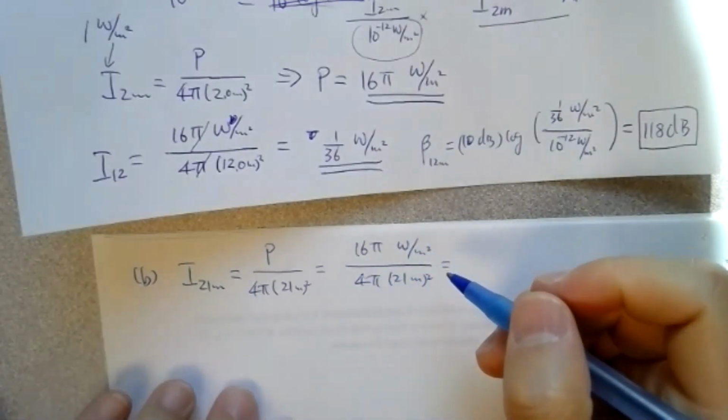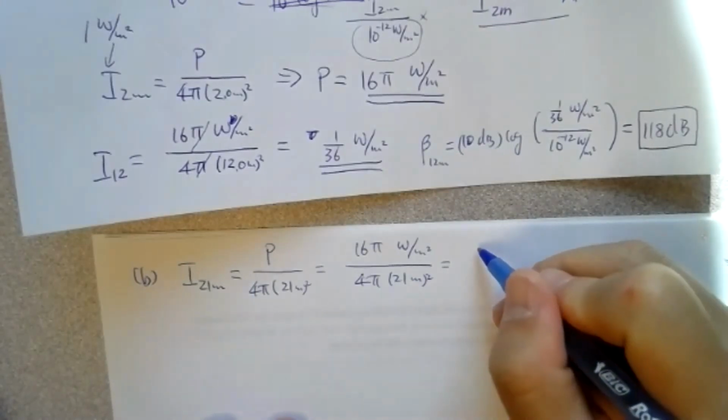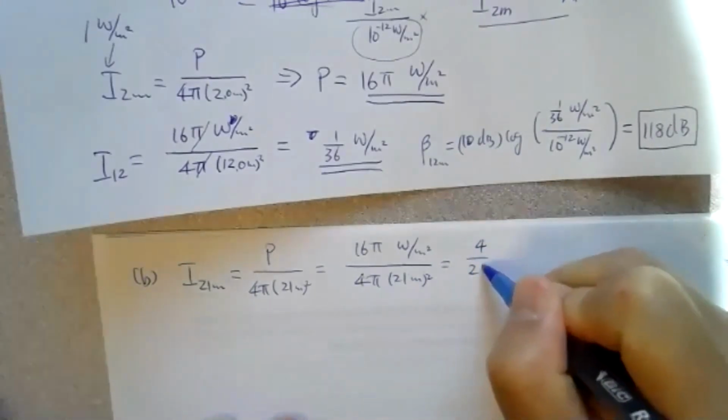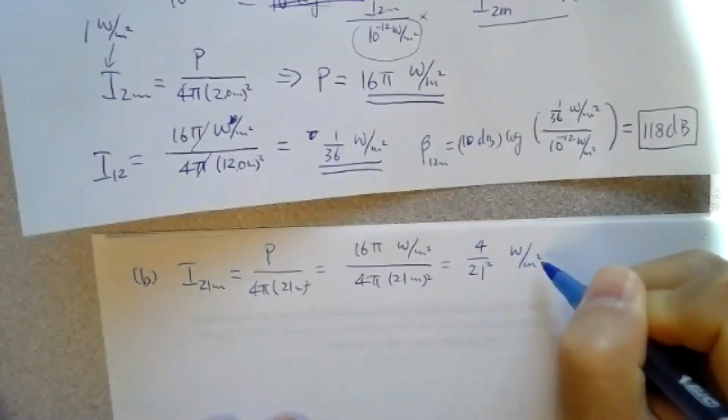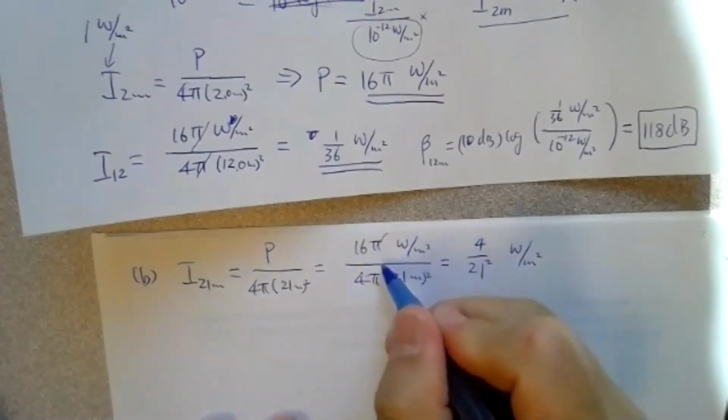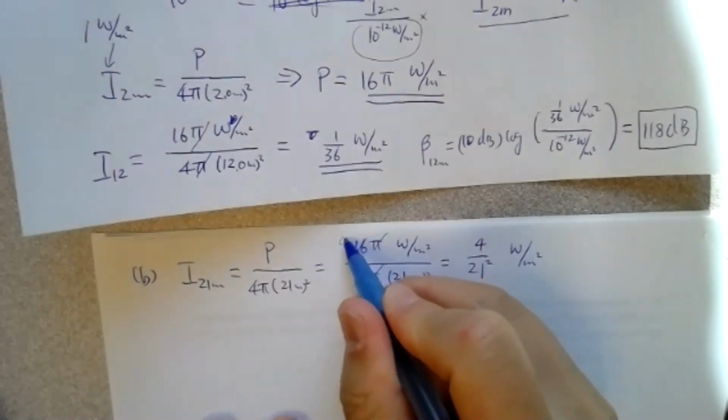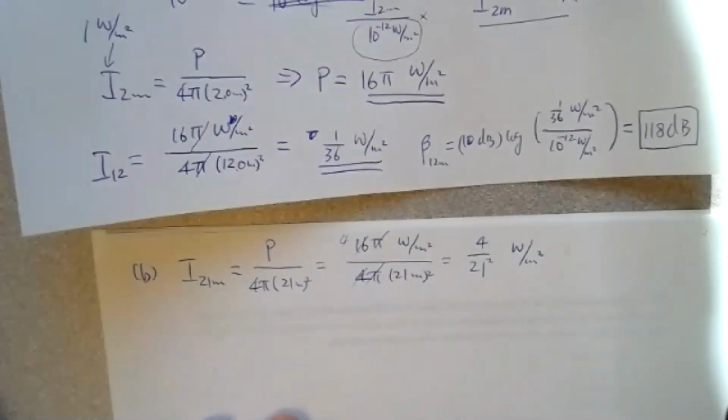Okay, and then again, I'm expressing this in fractions here. It's 4 over 21 squared, watts per meter squared. Pi and pi cancel, and this and this cancel before. Okay, so 4 over 21 squared.